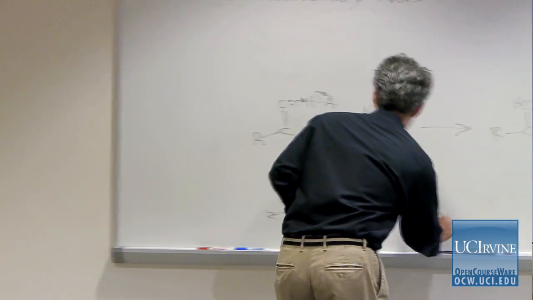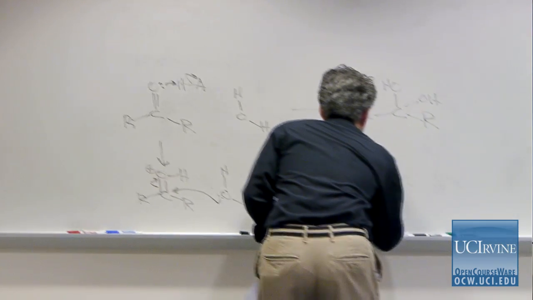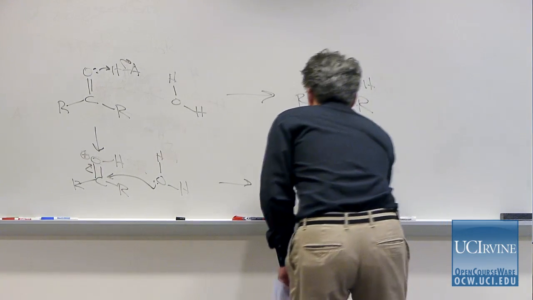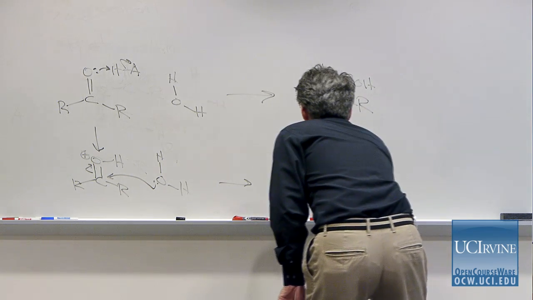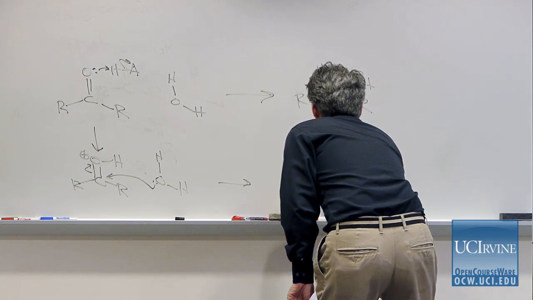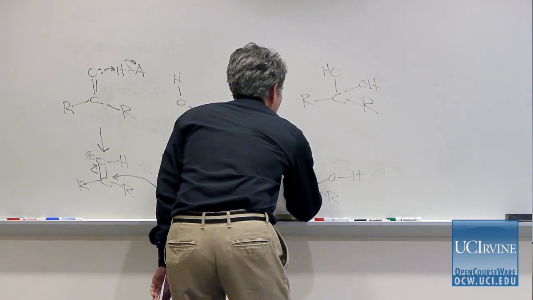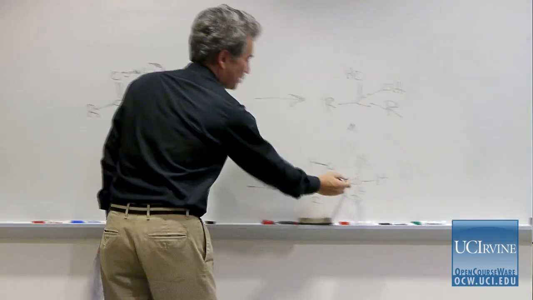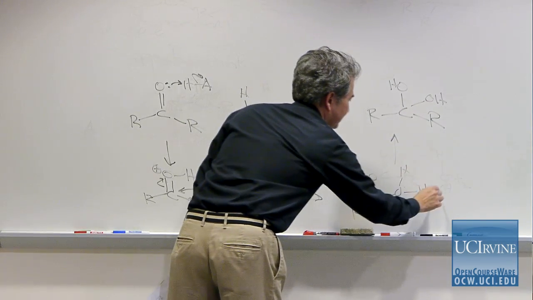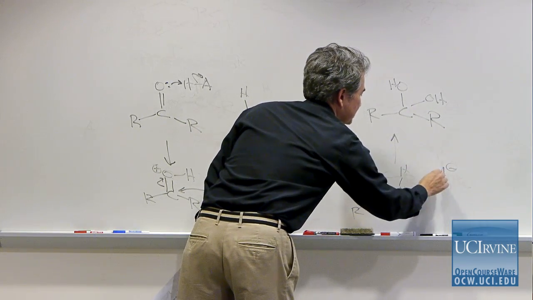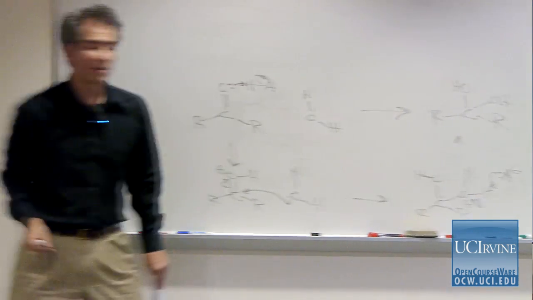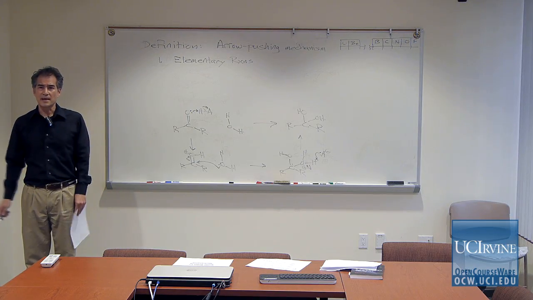In the second step for this reaction, I've created this new bond to oxygen, and now all I need to do is deprotonate my nucleophile in order to create the final product. And here I can use the counterion, the conjugate base from my acid, to release the proton. So this is a correctly drawn mechanism.